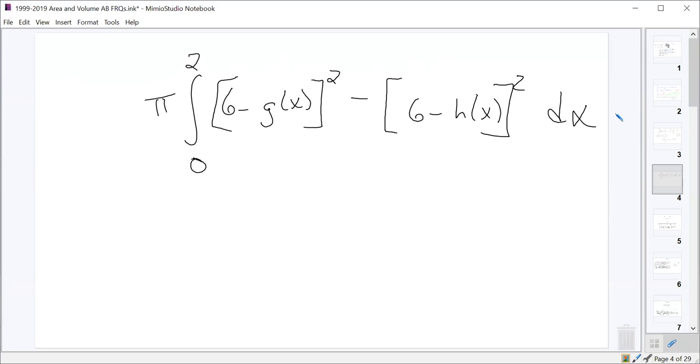And that's it. Pi times the outer radius squared minus the inner radius squared, integrated from 0 to 2, dx. Doesn't say to evaluate. Don't bother to simplify. Don't bother to integrate. Just write this. This is perfect. Good? Any questions on that?